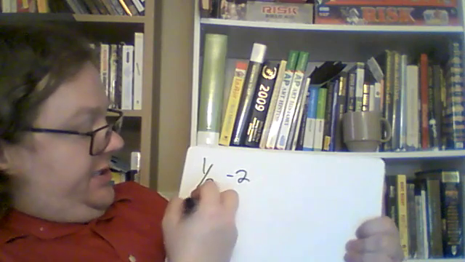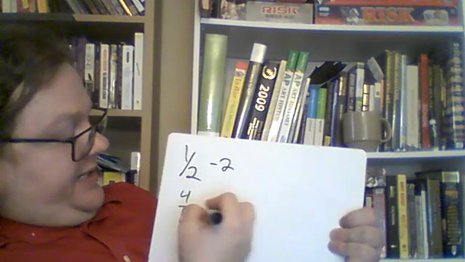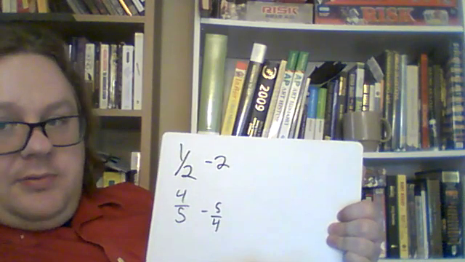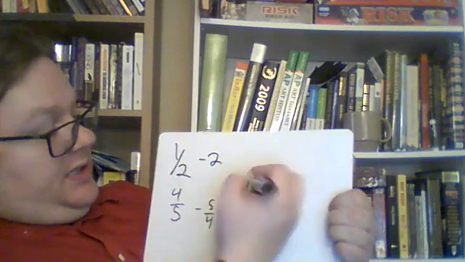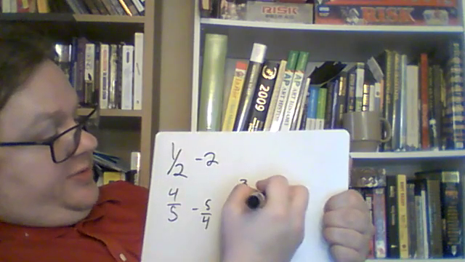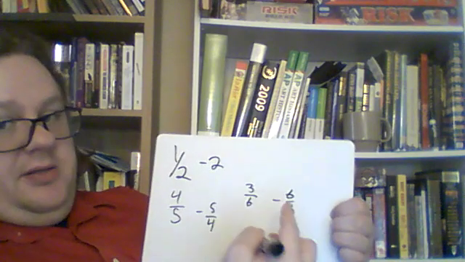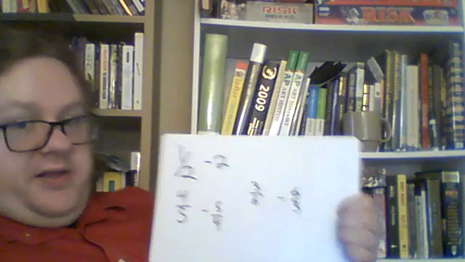If I've got 4/5, the perpendicular will be -5/4. Right? Because I flip it and make it negative. Let's see, 3/6 will be -6/3. Because I flip it and make it negative. Hopefully that's enough for that bit to make sense.